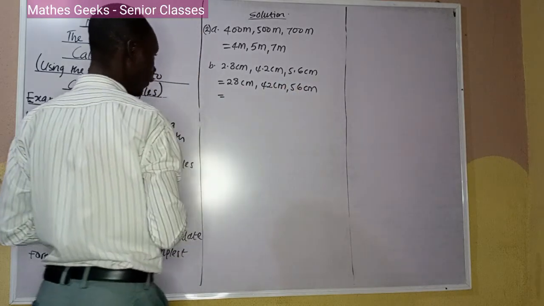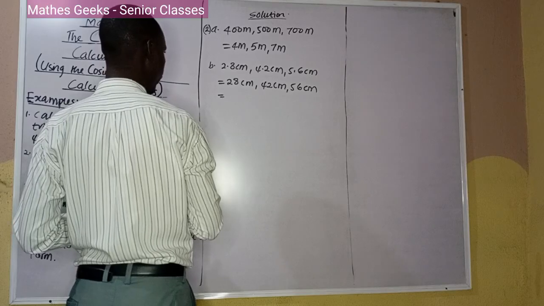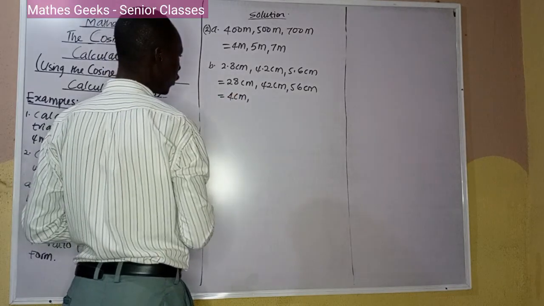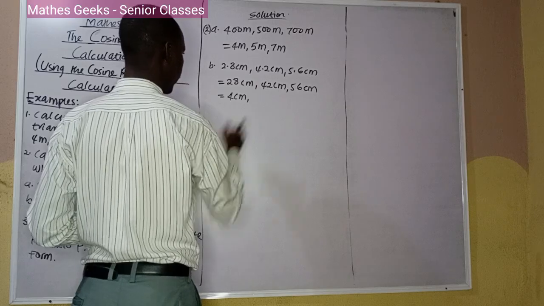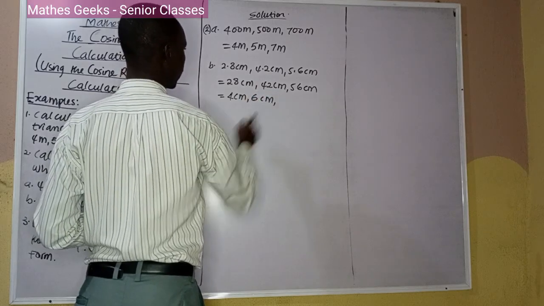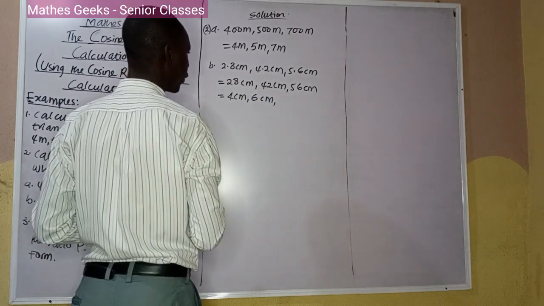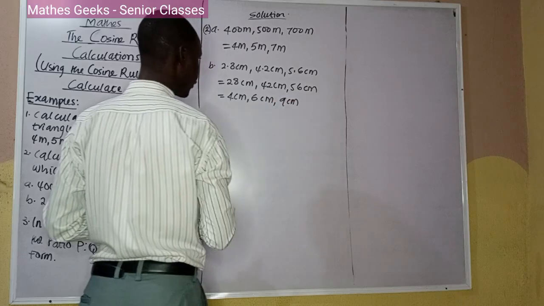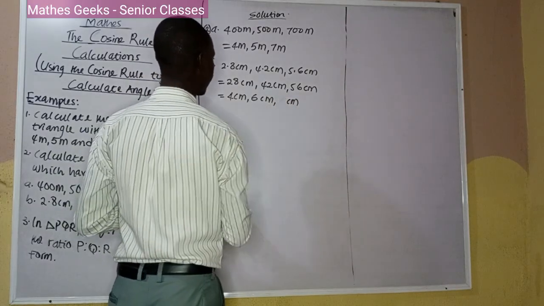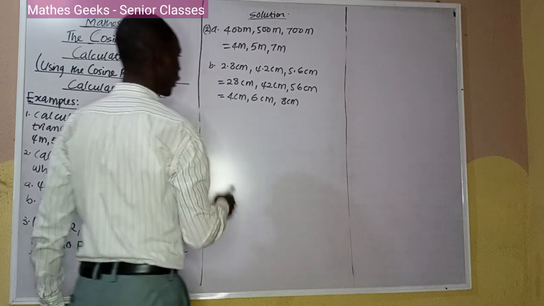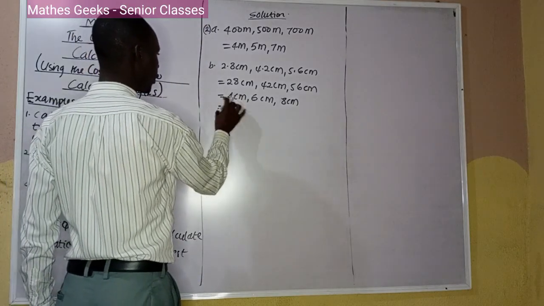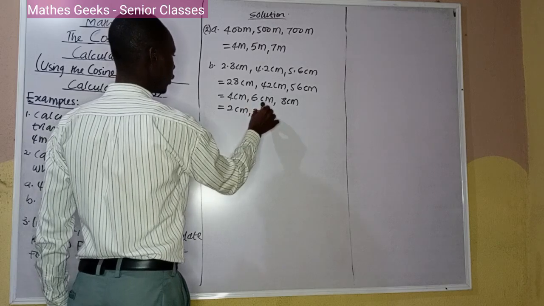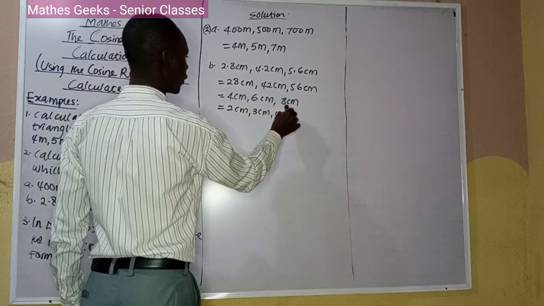We divide through by 7: 28 divided by 7 gives 4 centimeters, 42 divided by 7 gives 6 centimeters, 56 divided by 7 gives 8 centimeters. We can still reduce it further by 2, giving 2 centimeters, 3 centimeters, and 4 centimeters.